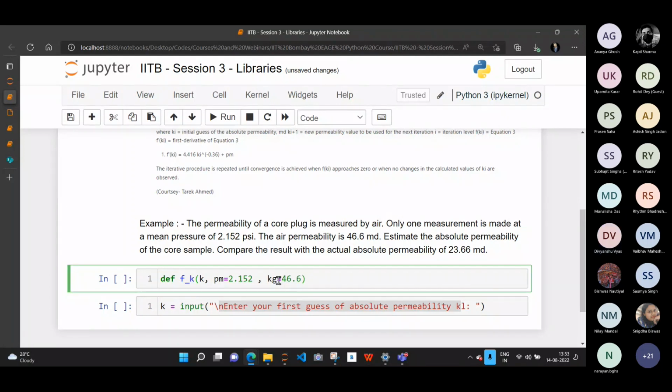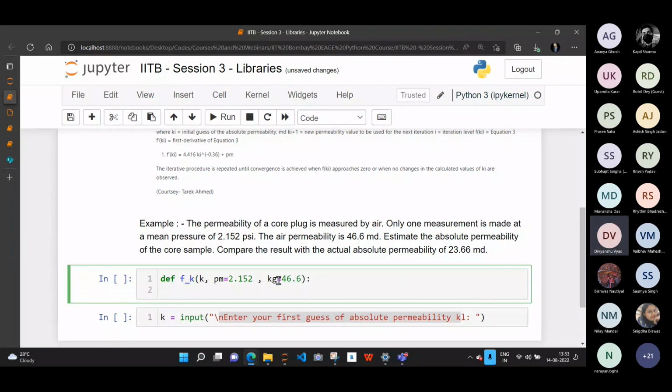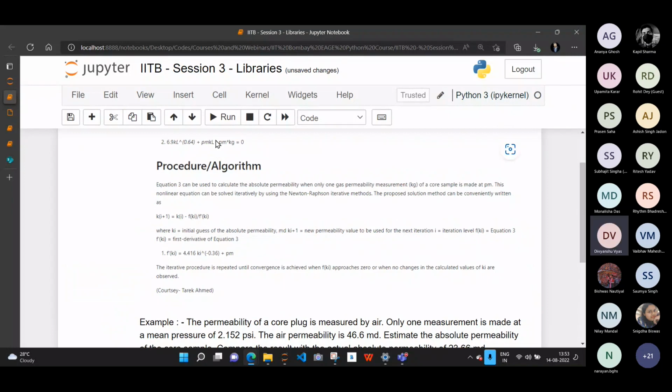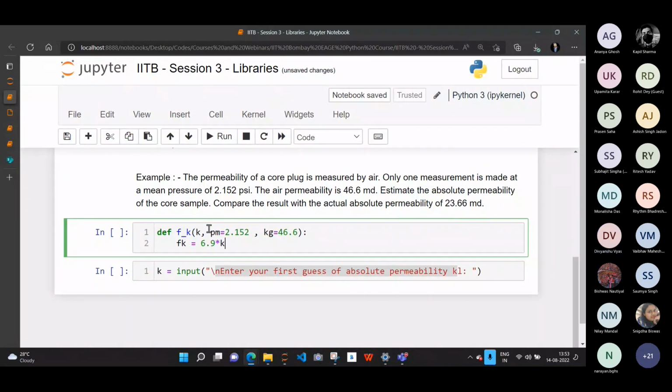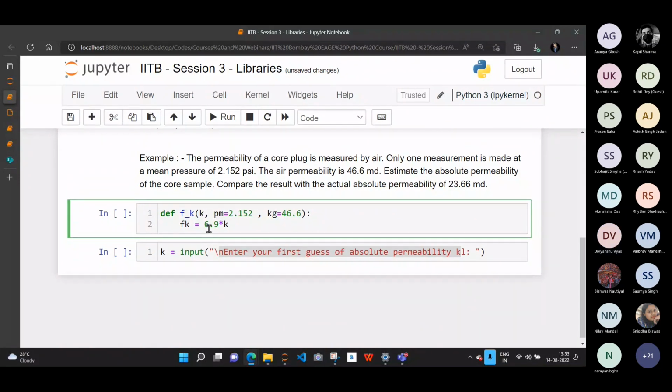Okay. And what is fk? Fk is this one: 6.9 multiplied by KL to the power 0.64 and so on. So we can return that entire thing. Okay, fk is equal to 6.9 multiplied by k to the power 0.64. How do you do power in Python? k to the power 0.64.